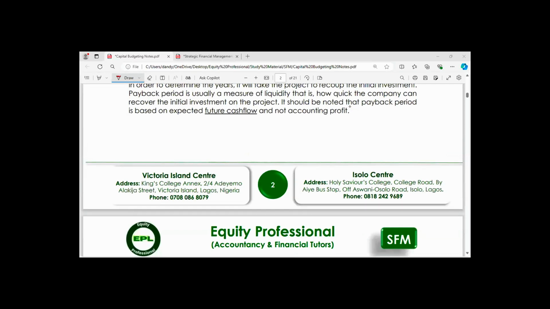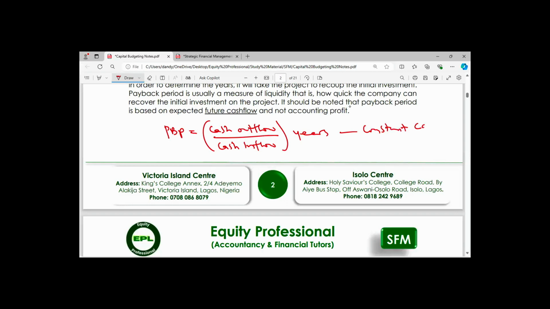So payback period is calculated as cash outflow divided by cash inflow. All of this must be expressed in years. So this is the formula for calculating payback period where there is constant cash inflow.